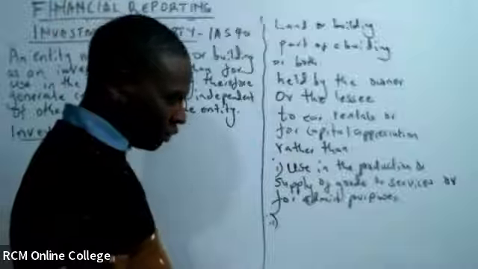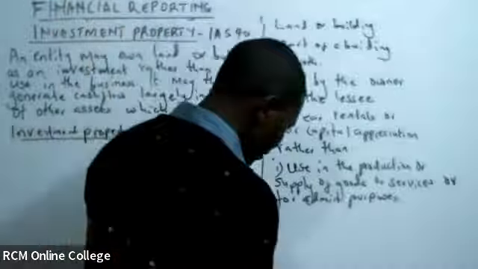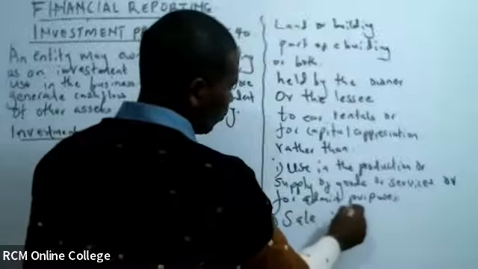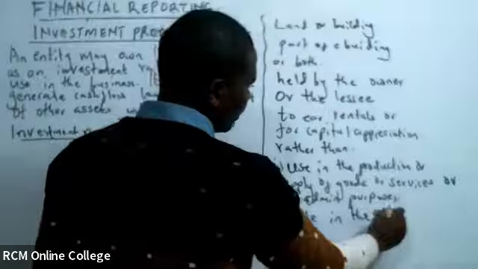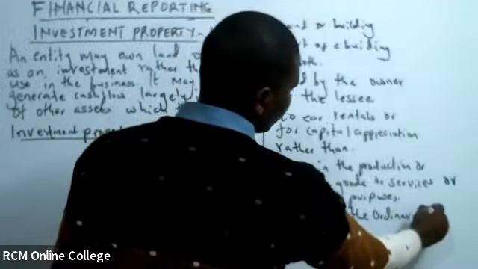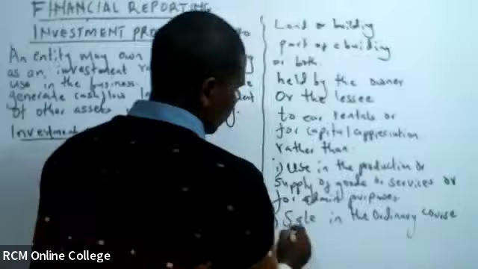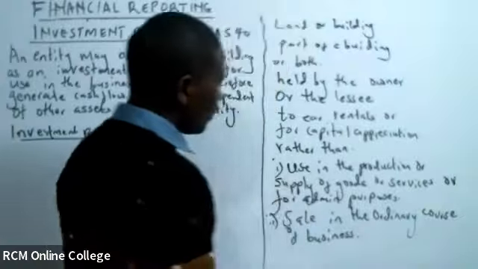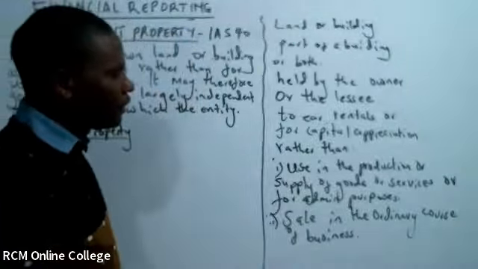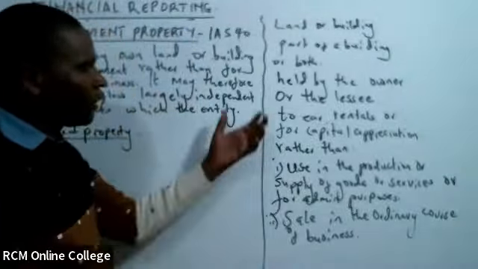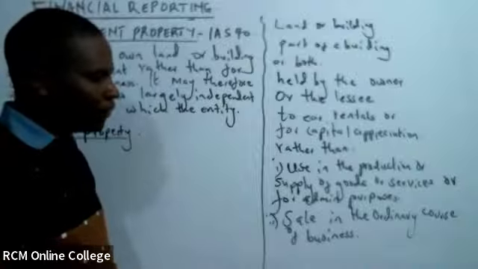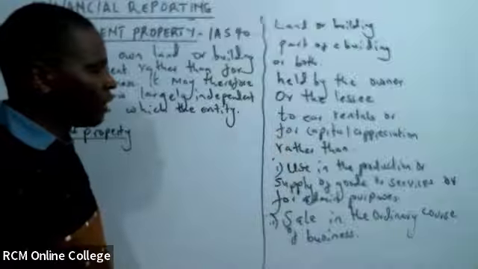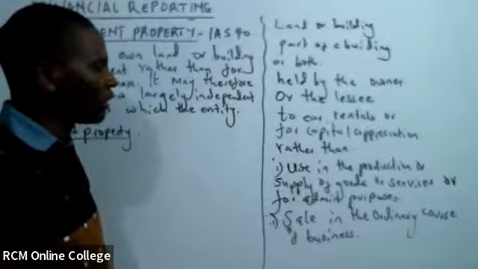they are not for sale in the ordinary course of business. So at any given point, class, when you are asked about investment property, those are some of the qualities or characteristics.